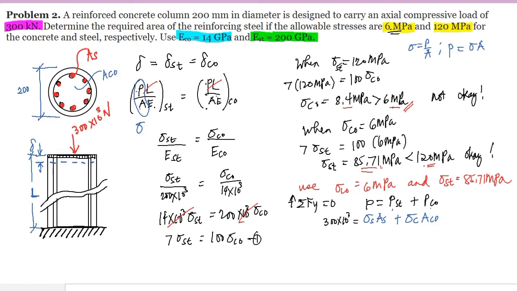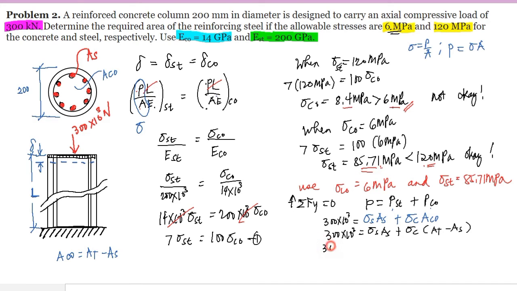So we know that the area of the concrete is equal to the area total minus area of steel. So we would have here 300 times 10 to the 3 is equal to stress in steel, area of steel, plus stress in concrete, and we have here area total minus area of steel.